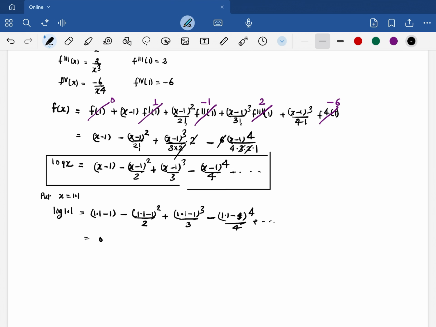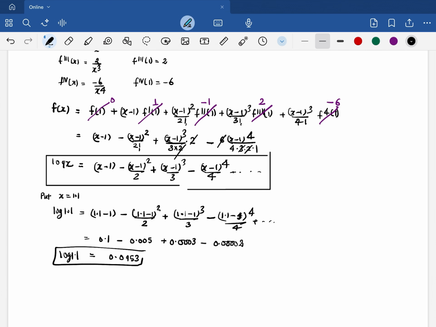Or can we say this is 0.1, this is minus 0.005, and this will come around 0.0003, and the last will be 0.0002, and if we calculate this, it is 0.0953.